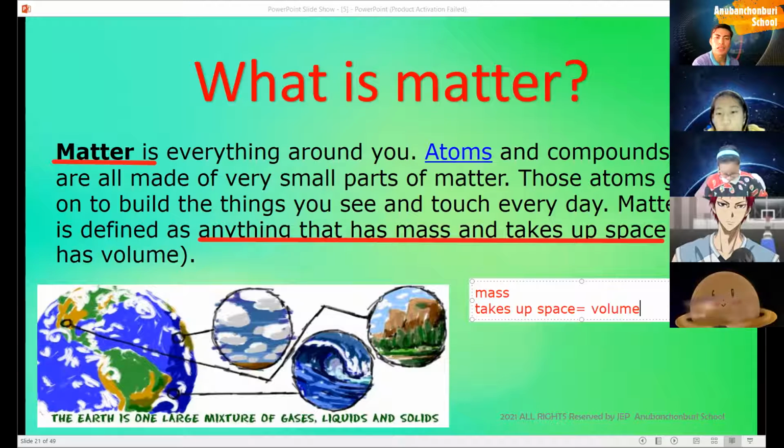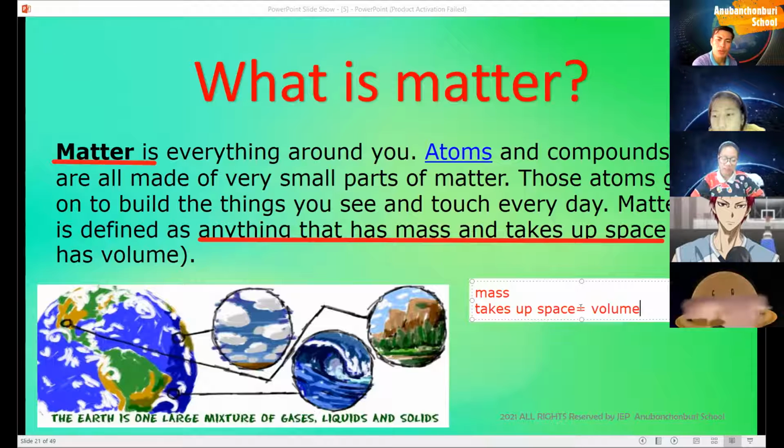Okay. So that is the very first meaning that I memorized when I was in elementary, maybe Grade 3 or 4, I don't know. Our teacher told us, you need to memorize the definition of matter: matter is anything that has mass and takes up space.